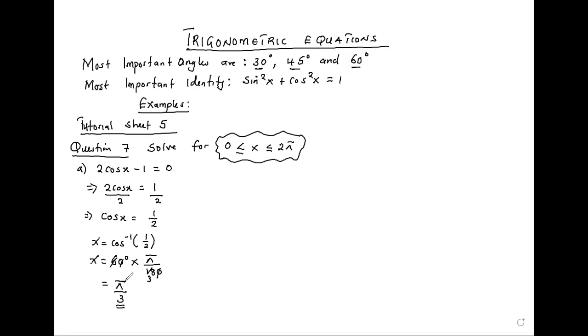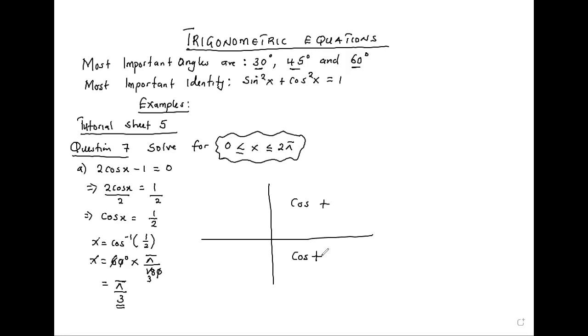Okay, is that all? That is not all. We know that as long as we're talking about 0 to 2 pi, cos is positive in the fourth quadrant.